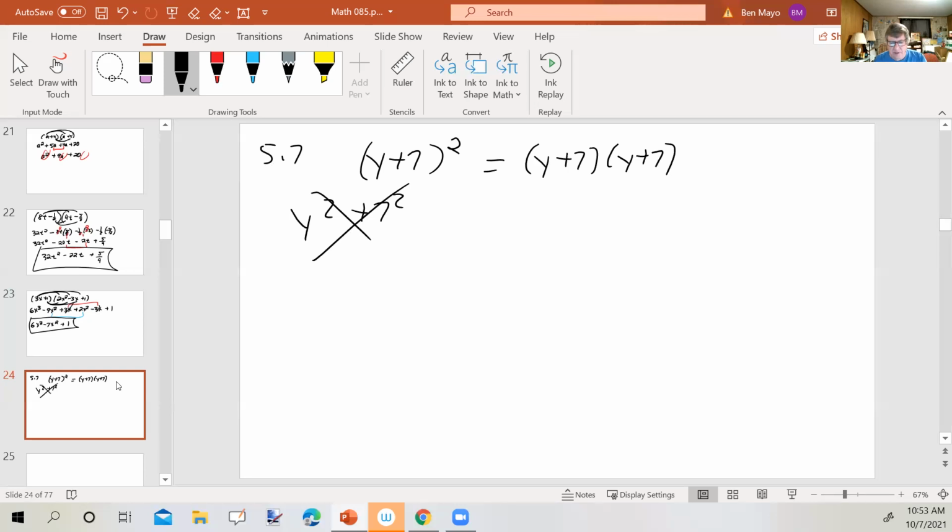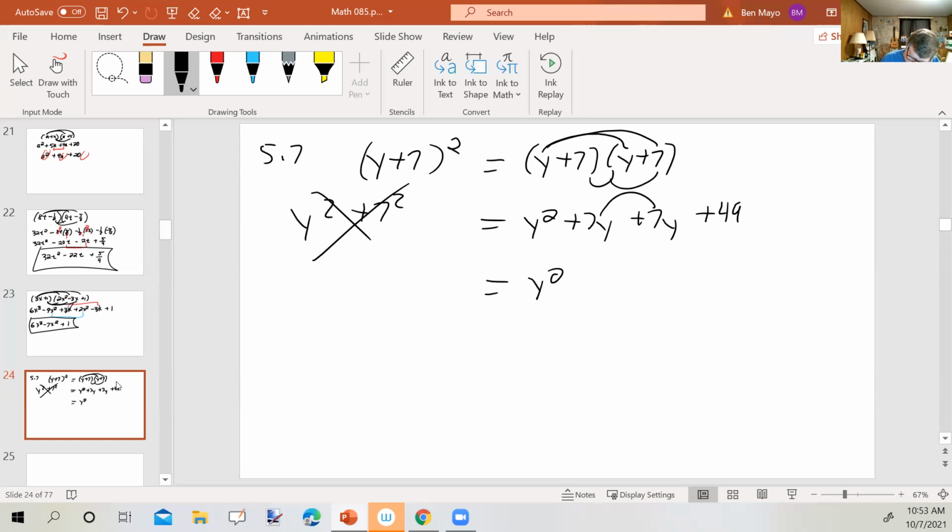That is the common mistake that people make. All right, so then after we expand it, we FOIL it together. Y squared plus 7y plus 7y plus 49, y squared plus 14y plus 49.